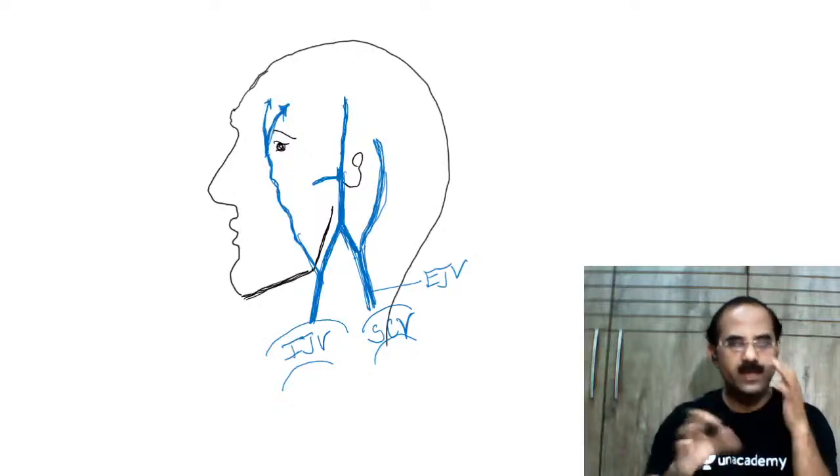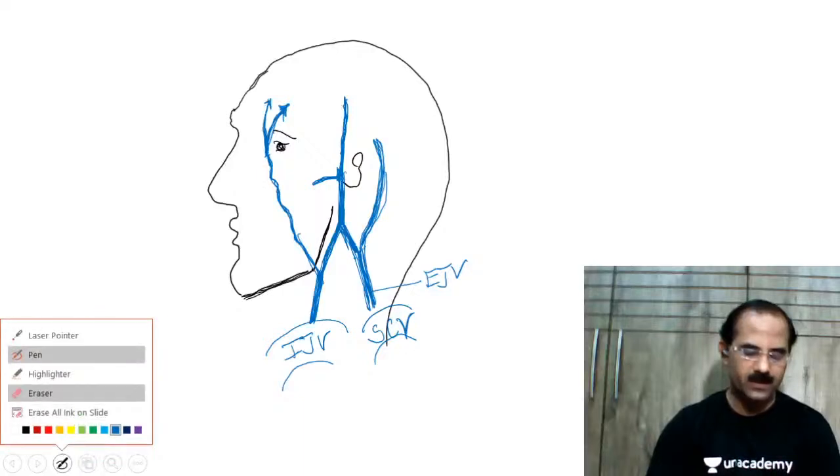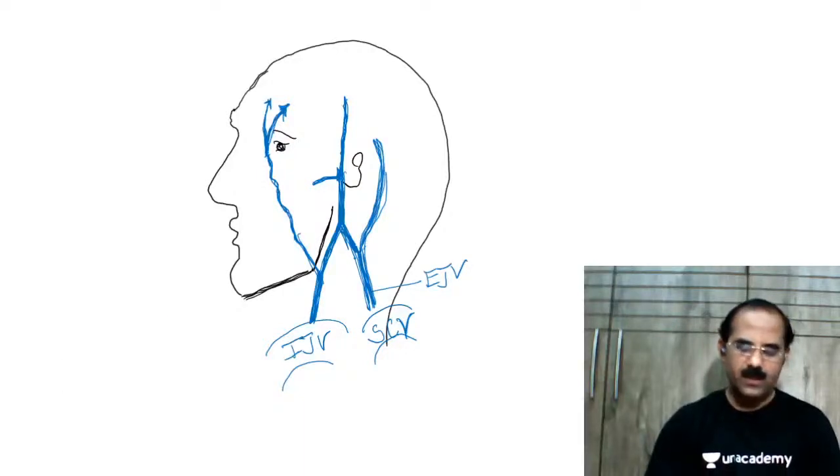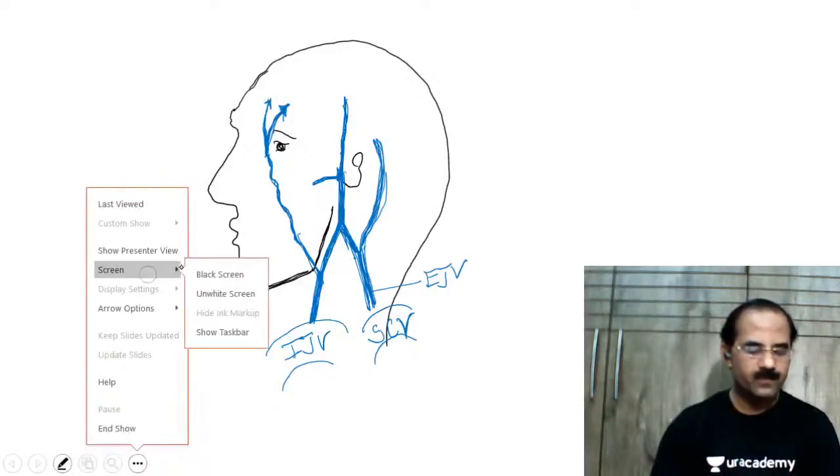Are you all following this? I'll draw the slide once again with the highlighter so it will be clear for you to understand. Just have a look at this. I'll draw the same with the highlighter and I'll label this for you.